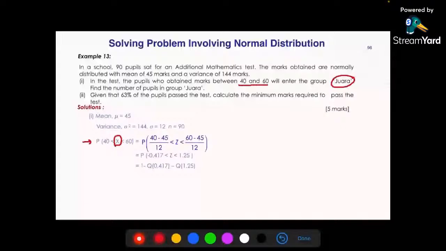Okay, again kita nampak we want to eliminate the tail for both sides. So that's why I write it as Q 0.417, Q 1.25. So you minus the tail. So this is what we get. This one adalah yang red one, 0.417.